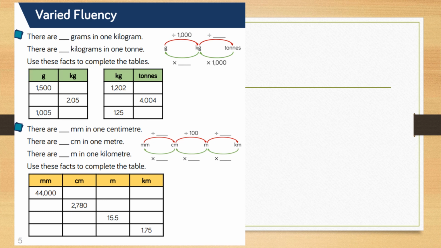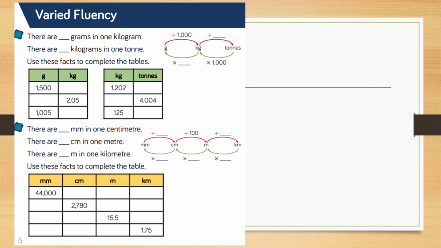Okay, and again, using this chart underneath, there are 10 millimetres in a centimetre. If you count your ruler, you'll find 10 little lines in between 0 and 1 centimetres. So you divide by 10 to get from millimetres to centimetres. So you multiply by 10 to get from centimetres to millimetres.